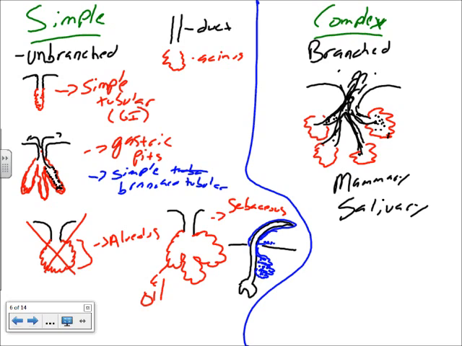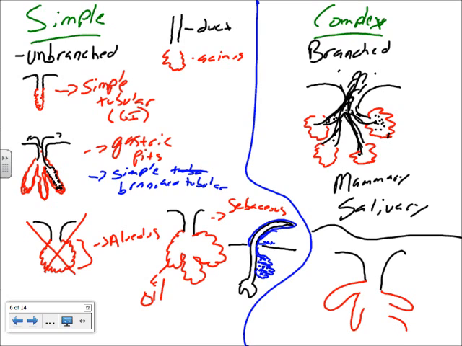All right, and then these complex tubular glands are going to be organized very similarly, except instead of seeing a bunch of alveoli, you're just going to see a bunch of tubes with multiple ducts that open up into a main central duct.